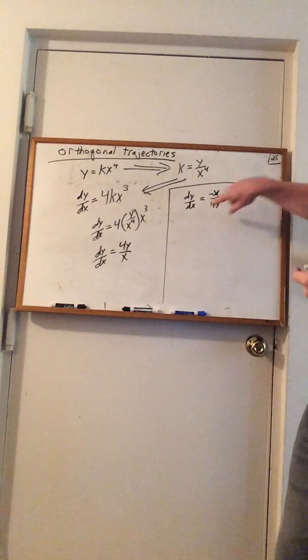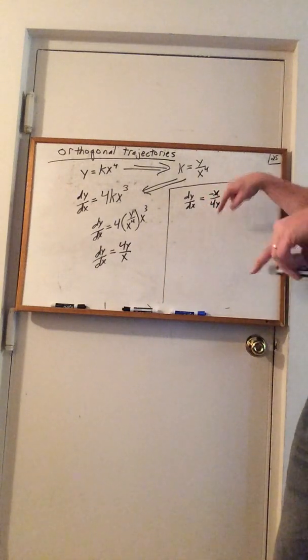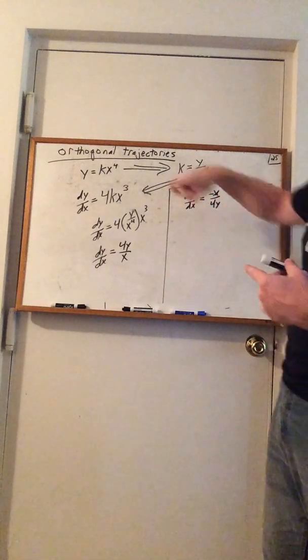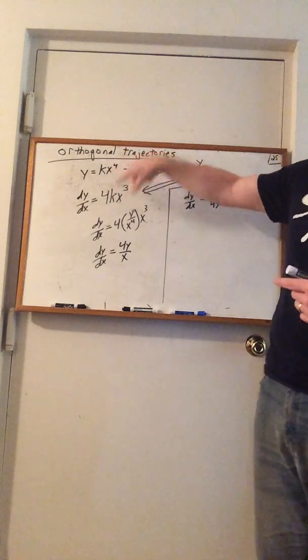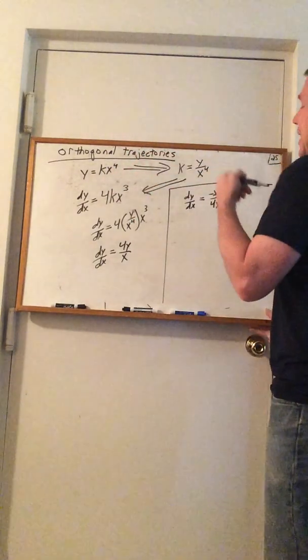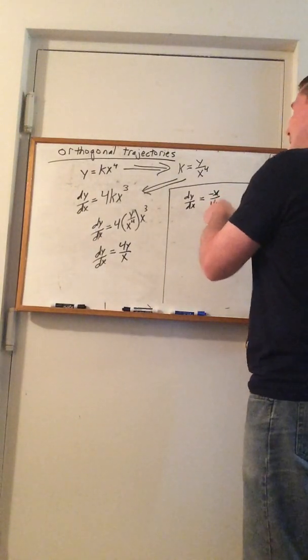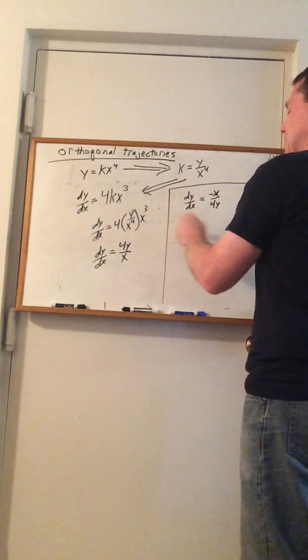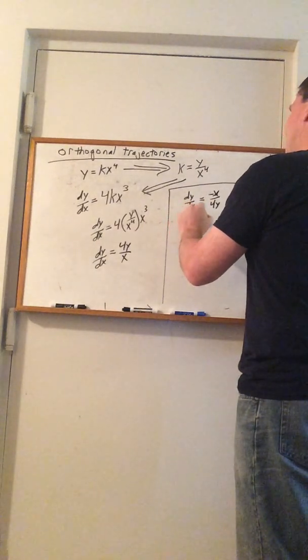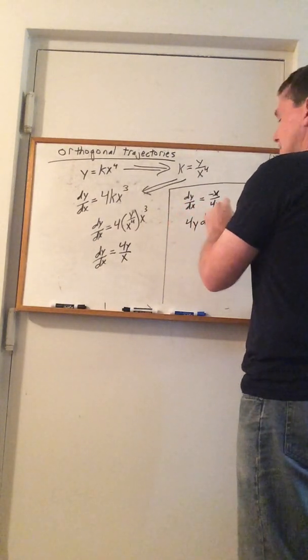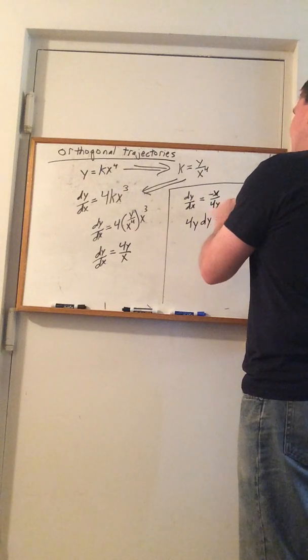Now I need to solve this for y, which will be the family that has orthogonal trajectories with that one right there. So now this is the easy part. This is just solving the separable differential equation. I'm going to multiply by the 4y and multiply by the dx. I get 4y dy equals negative x dx.